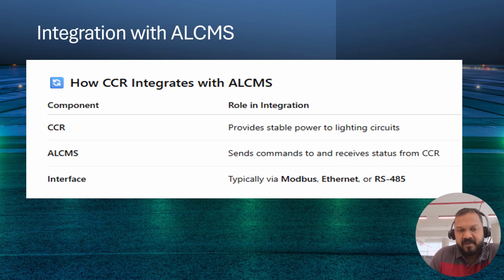Majorly the ALCM system is monitoring as well as controlling, both sides. So there are three stages: field devices, controller, and monitoring and storage. All those things are happening. Again, the interface is nothing but a protocol system. It comes under the interface between both systems, CCR and ALCMS. So we are using Modbus here.